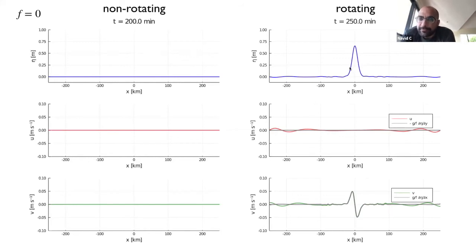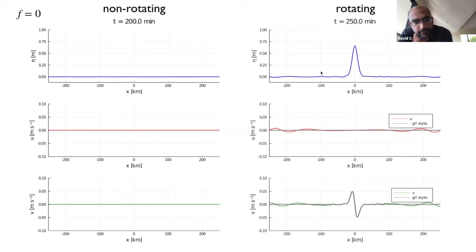I think this is very related to the deformation radius, and then if so, yes, you can predict it, but I'm not really sure. I think the peak and the scales of the motion should be related to the deformation radius, but I'm not really sure.